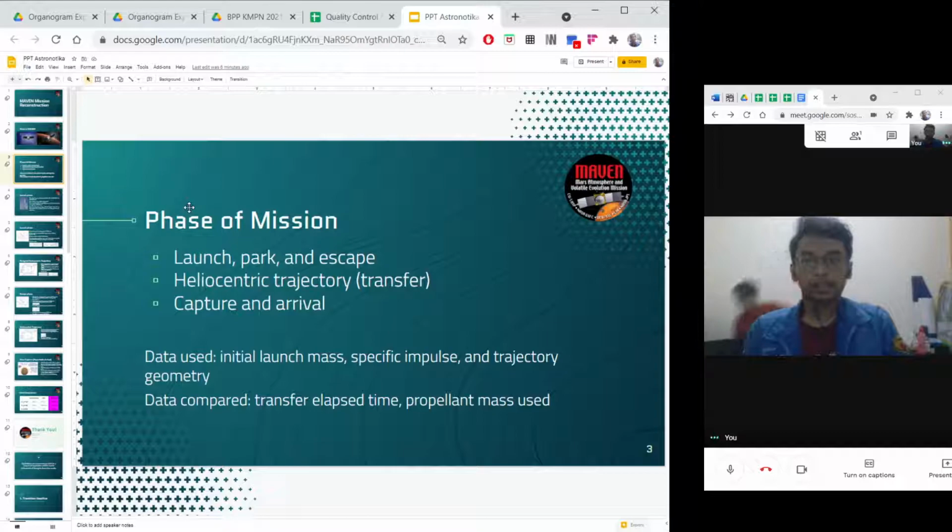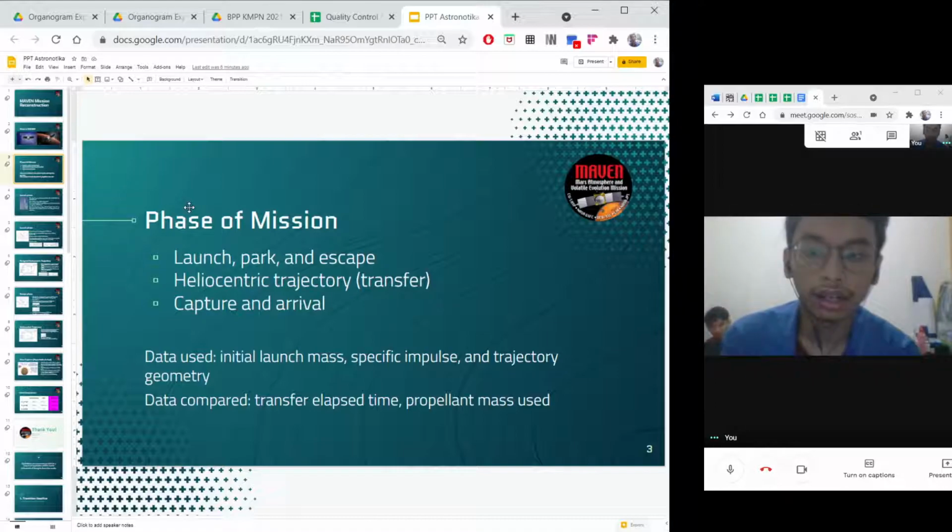In this case, the reconstruction consists of three phases of the mission. First is the launching, parking, and escape from Earth's gravitational effect. The second is the transfer from Earth to Mars in its heliocentric trajectory. And the third, the final, is the capture and arrival in Mars orbit.